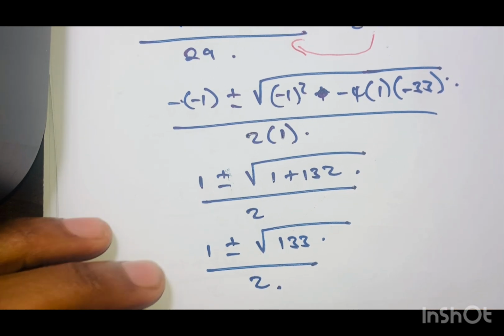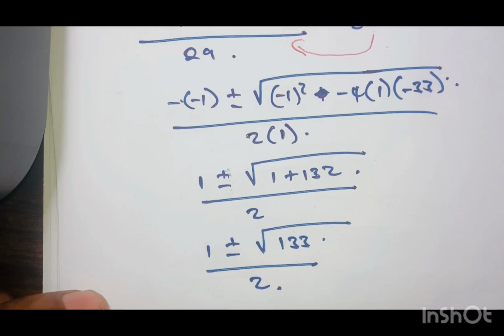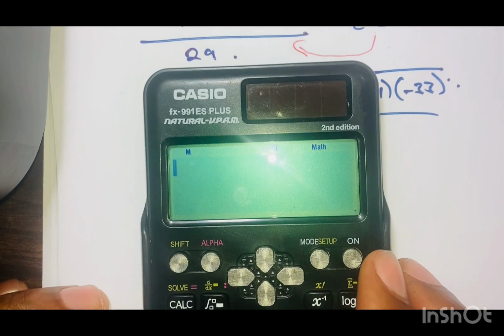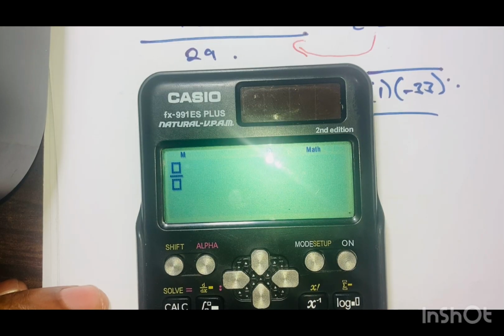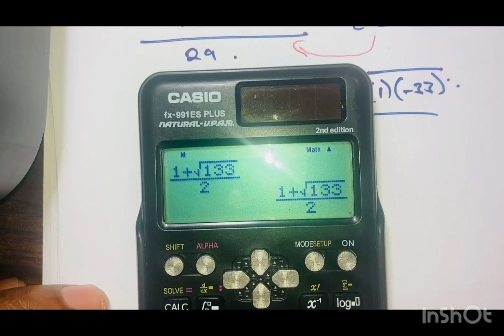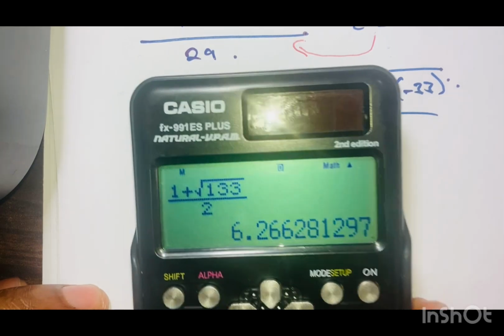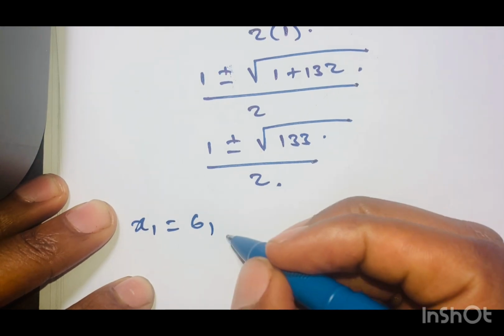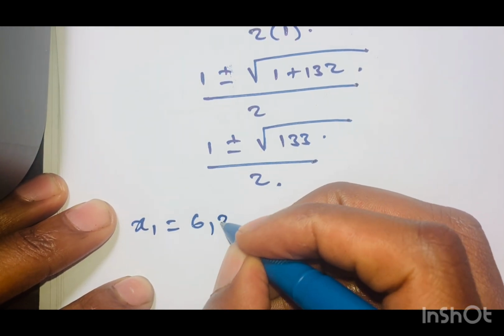So for me to simplify and get two values of x, I'm going to use the calculator. For the first value, I will say 1 plus square root of 133 all over 2. This gives me 6.266, or I'll round it to 2 decimal places. So x1 is equivalent to 6.27.